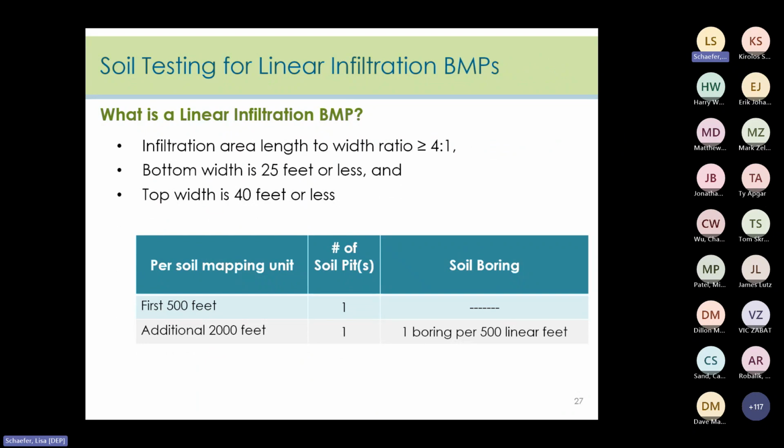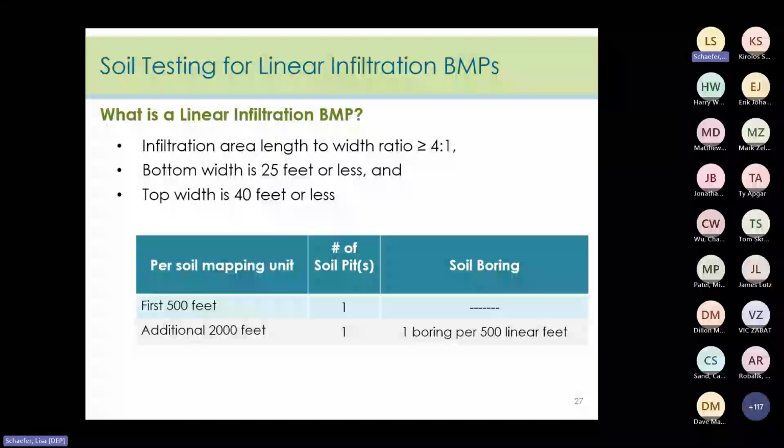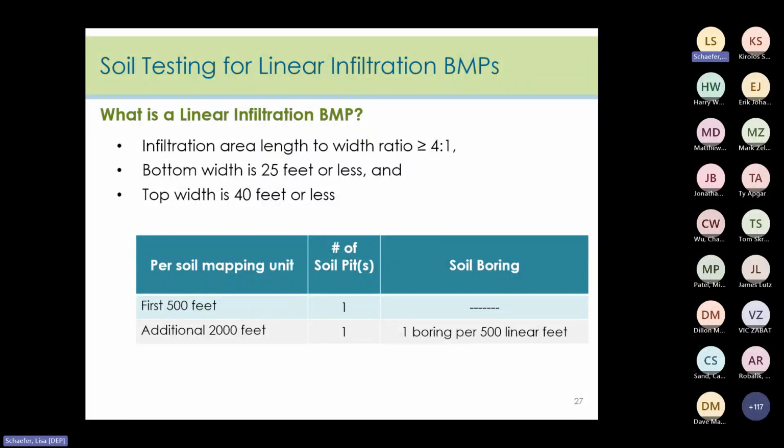All right, so let's move on to the linear infiltration BMPs. To be a linear infiltration BMP, all 3 of the bulleted criteria must be met, and you'll find this again in chapter 12 on page 15. So a minimum of 1 soil profile pit must be conducted within each soil mapping unit. And in each soil mapping unit, the soil profile pit must be conducted within the first 500 linear feet of the BMP.